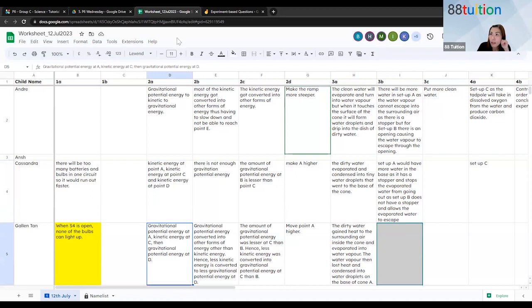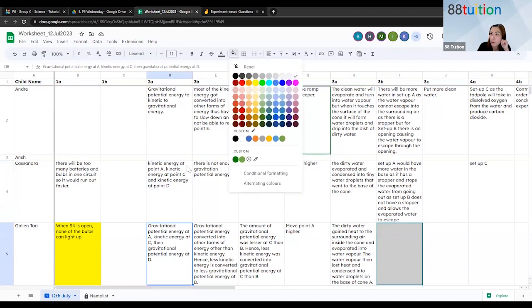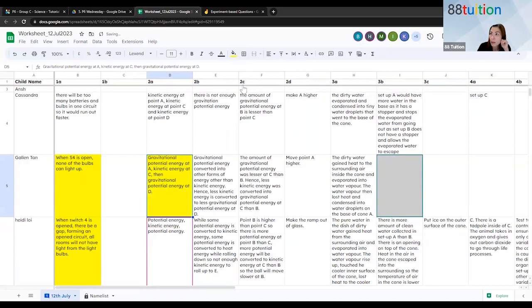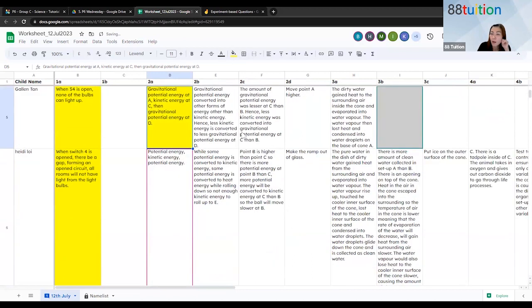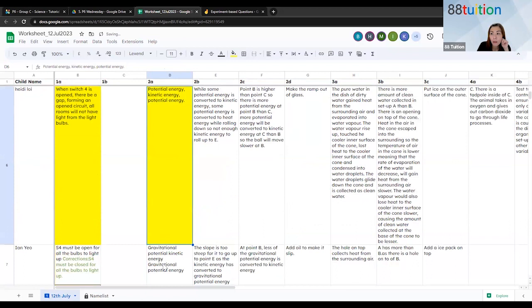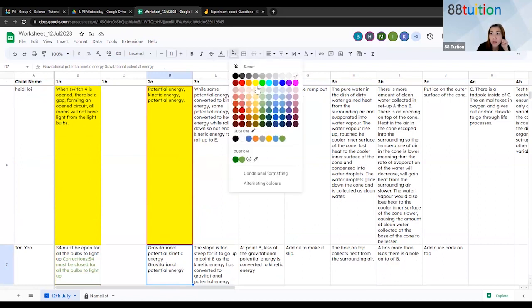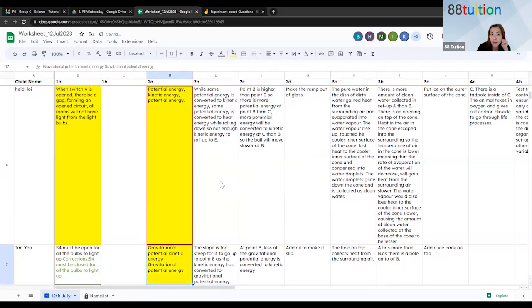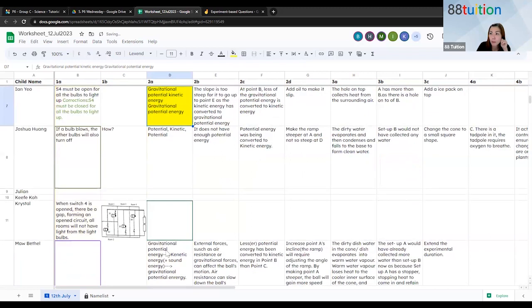Okay, all right, Galen, this one is good. Heidi, I hope your teacher told you that if you don't write down gravitational, just write down potential, it's still fine. Did your teacher tell you that? Yeah, very good.